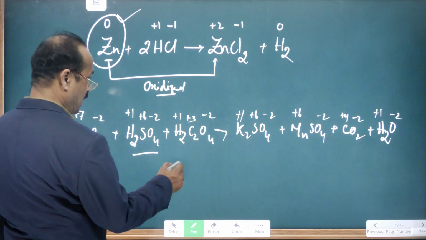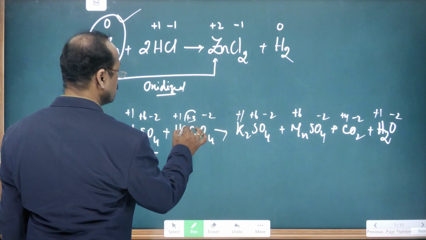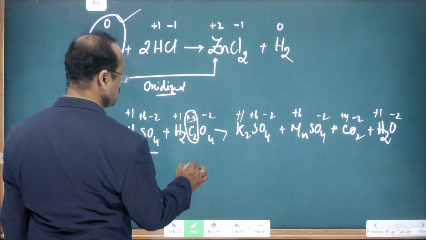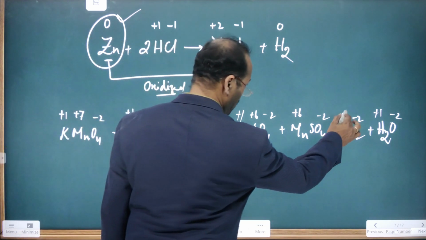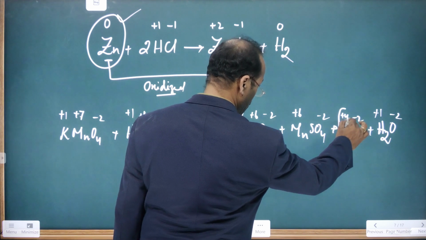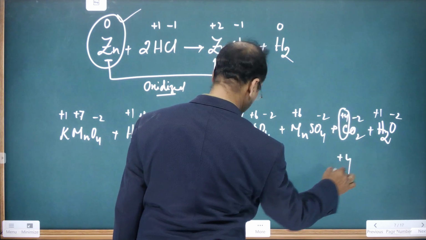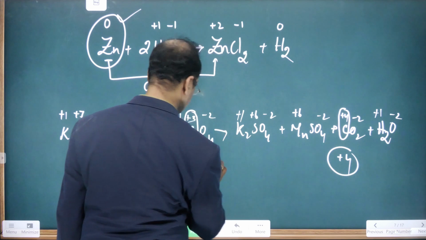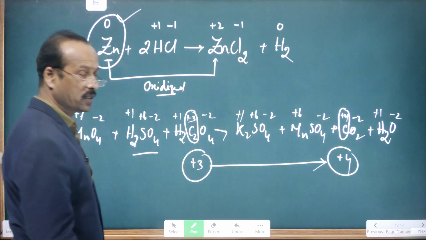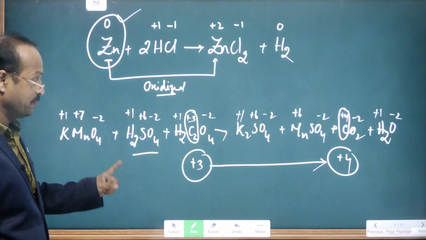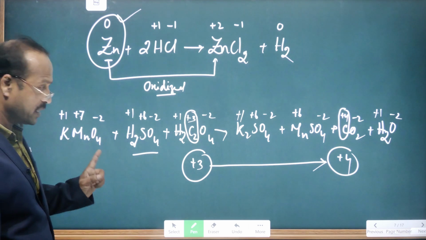So here carbon oxidation number is +3 in the reactant, but in the product carbon oxidation number is +4. So the oxidation number is increased from +3 to +4. So this is undergoing the oxidation. So hence this is the reductant.